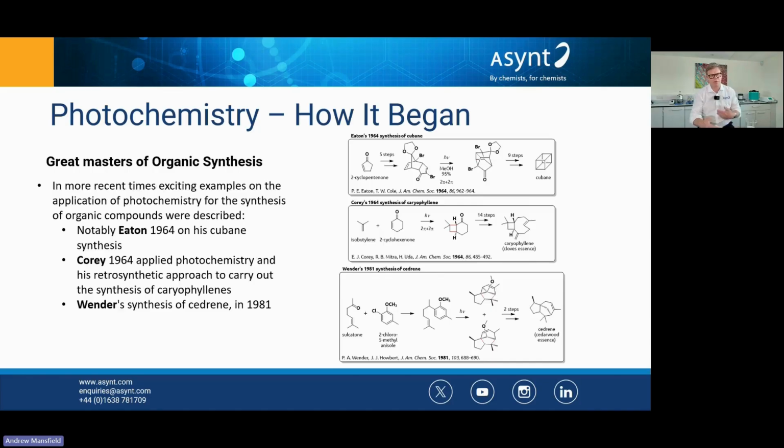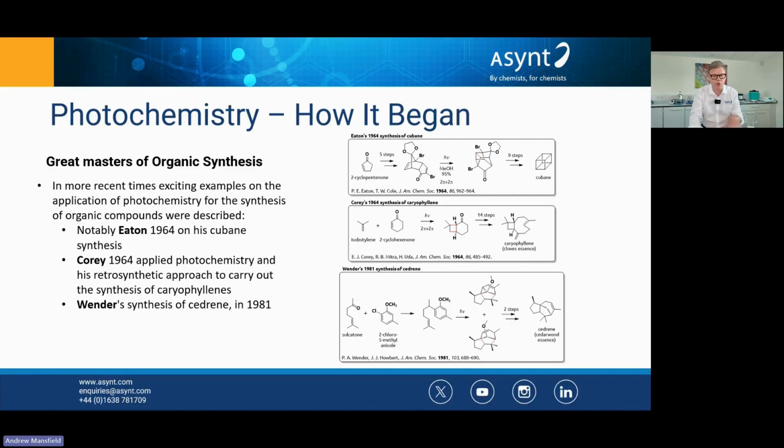But photochemistry has moved on over the years, and there's 3 examples here that I picked out. One from Eaton in 1964, looking at cubane synthesis. The second one from E.J. Corey, again in the 60s, and that's looking at a retrosynthetic approach to carry out the synthesis of these caryophyllenes, and Wender's synthesis of cedrene here.